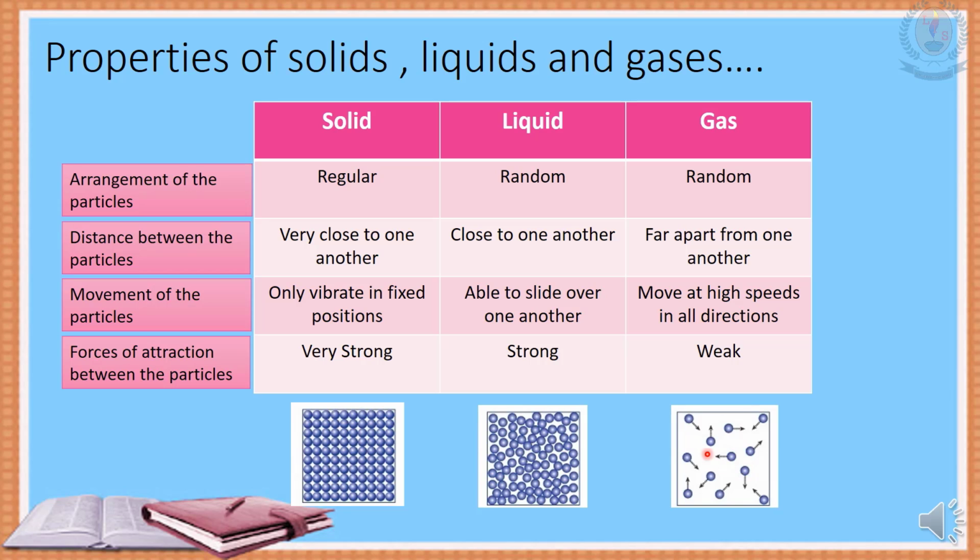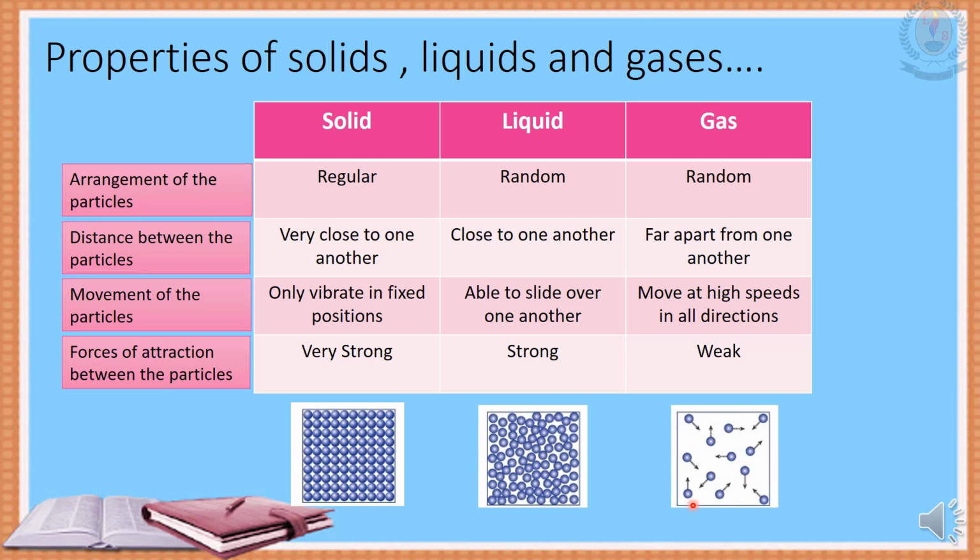Forces of attraction in between particles: since the particles are very close to each other in solids, the attractive forces between particles are very strong. In liquids, compared to solids, it is not as strong, but solids have a strong attractive force with the other particles.